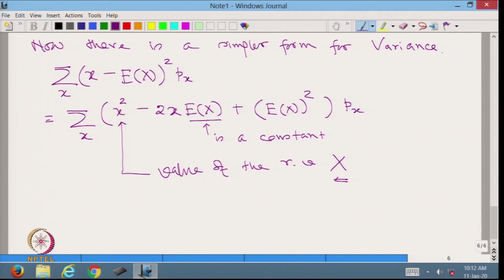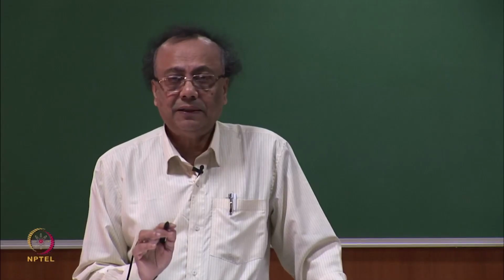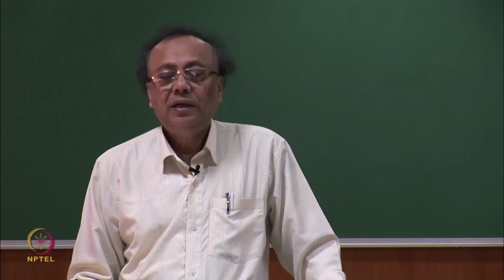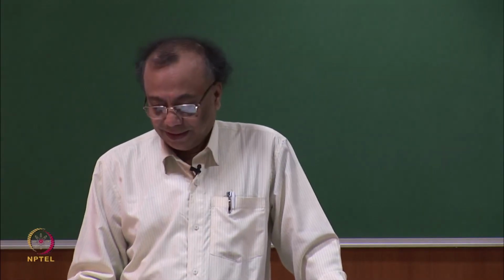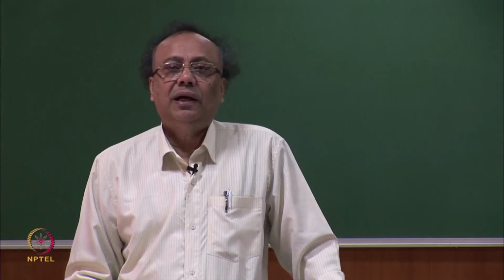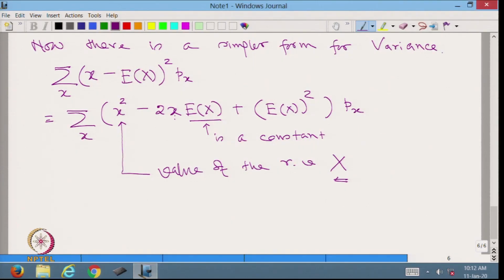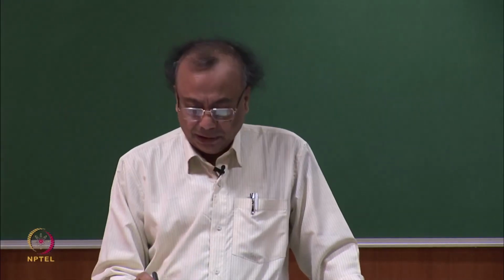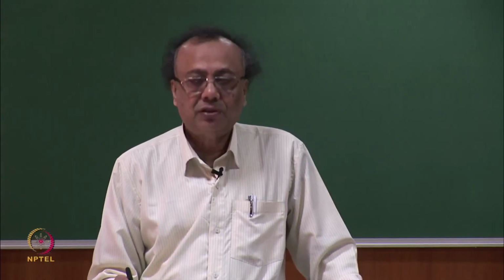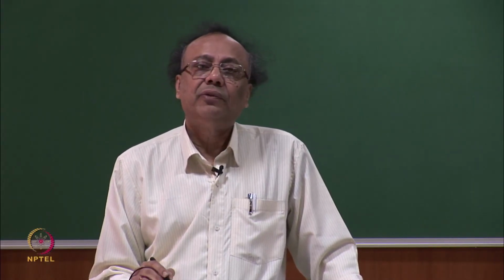When you are using small x, it is a particular value that the random variable can take, but capital X is the name of the random variable. That is why when I am writing expectation of X, I am putting it in capital X.